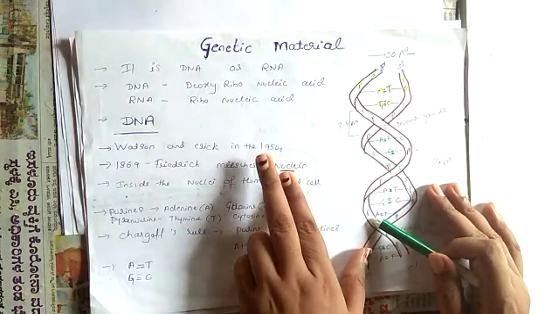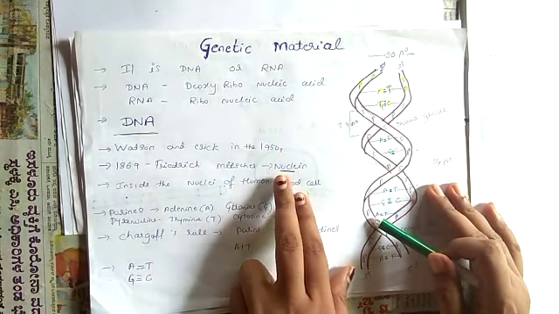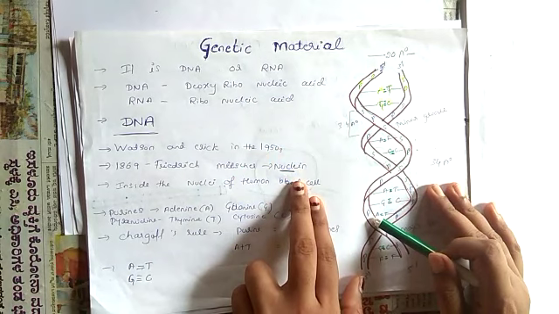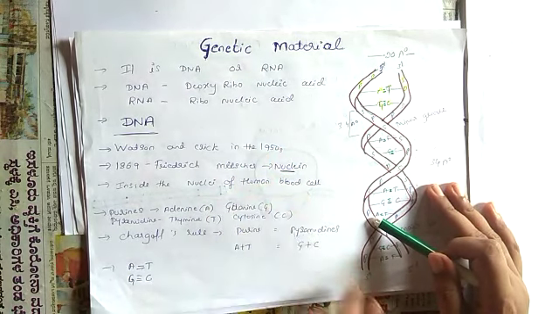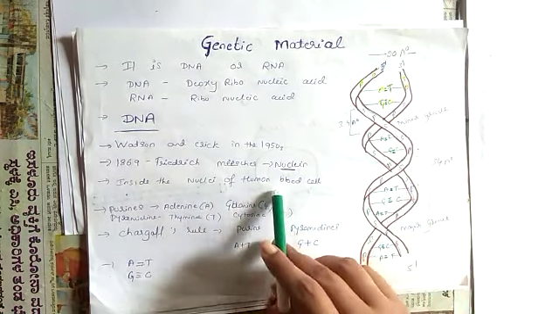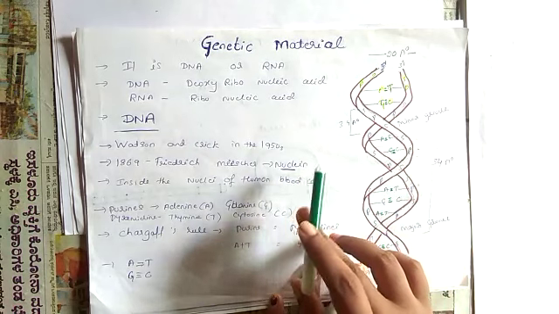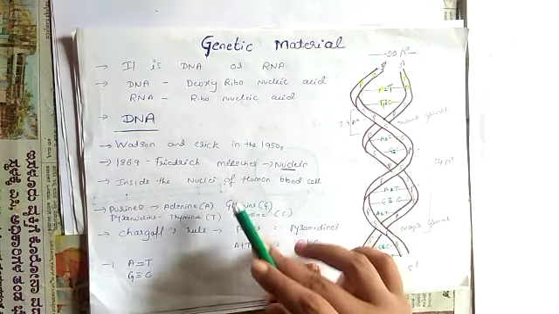Before that, the scientist Friedrich Miescher named it nuclein in the year 1869, where they found it first in the human blood cell. A blood cell contains a nucleus.